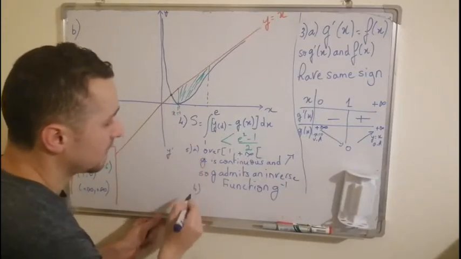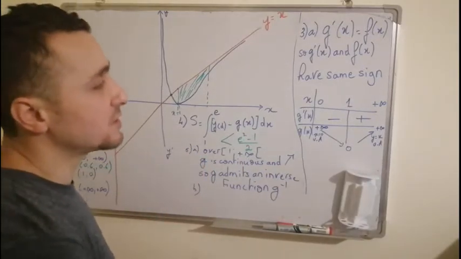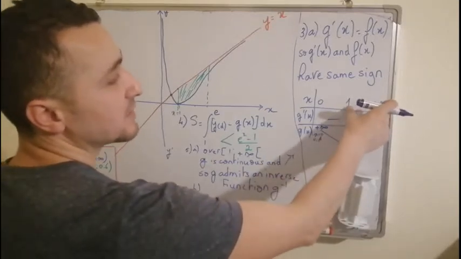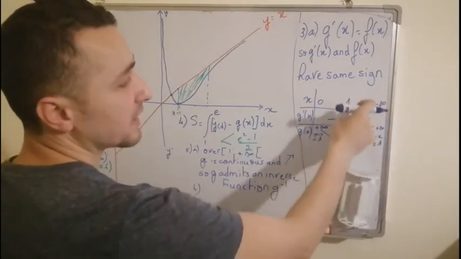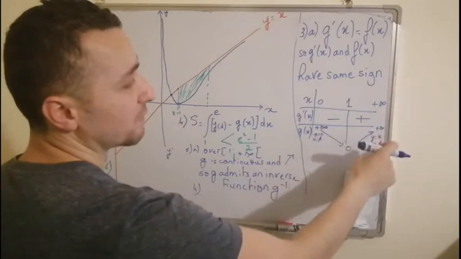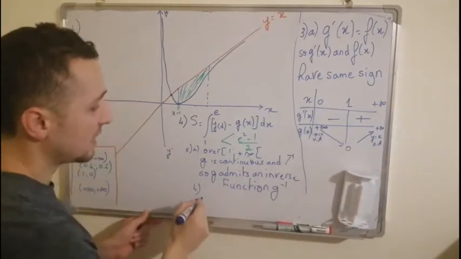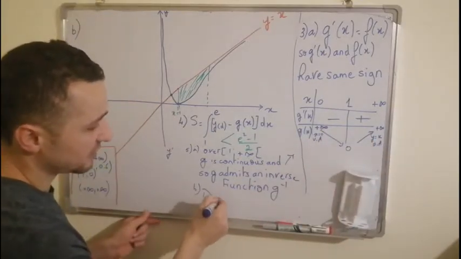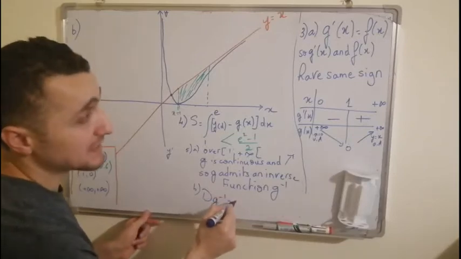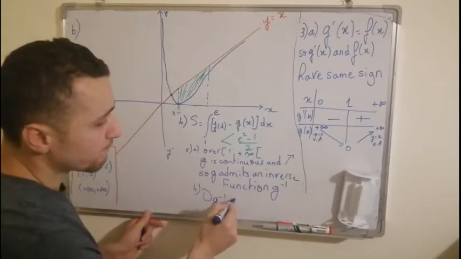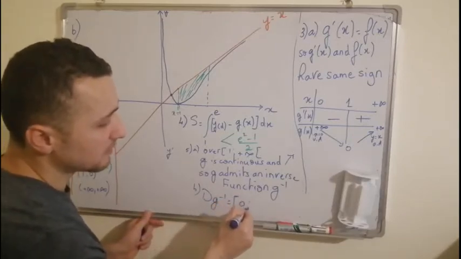Domain of definition of g minus 1 is the image of this domain. So the image of 1 is 0, the image of plus infinity is plus infinity. So the domain of definition of g minus 1 is equal to [0, plus infinity).